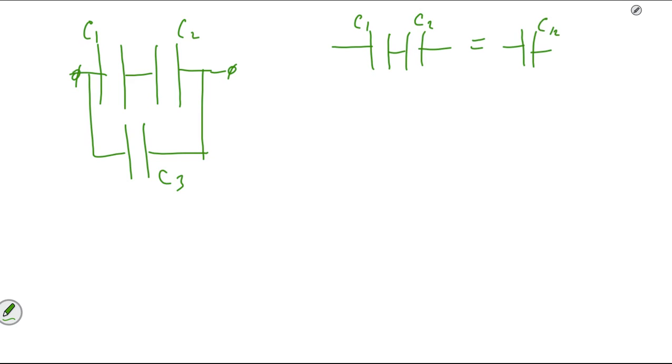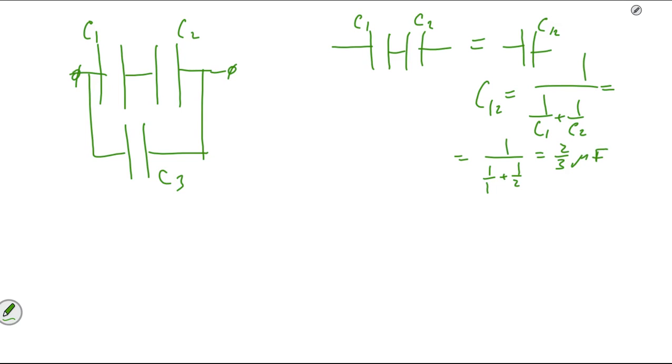Series. So C12 should be equal to 1 over (1/C1 plus 1/C2). And that gives what? 1 over (1 over 1 plus 1 over 2) microfarads. So 2/3 microfarads.